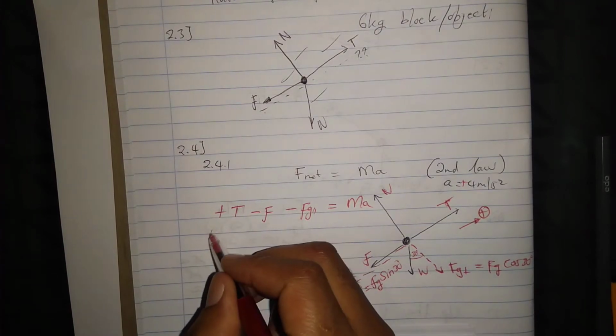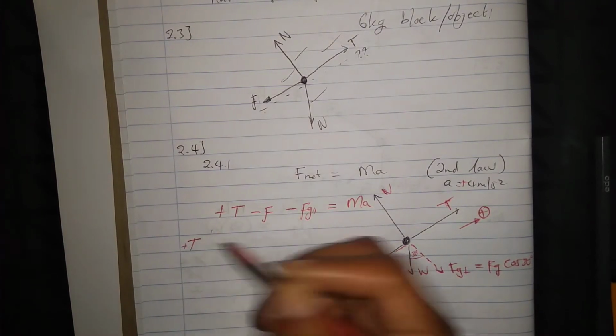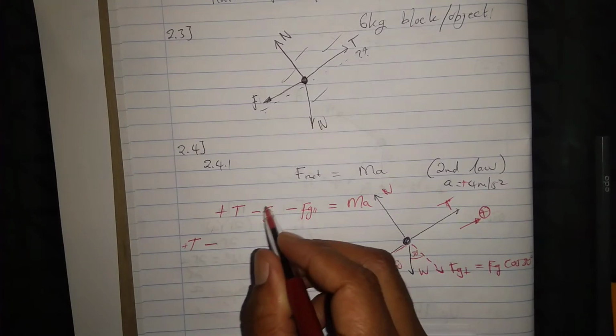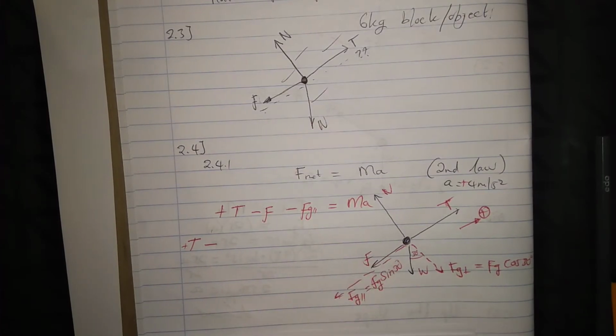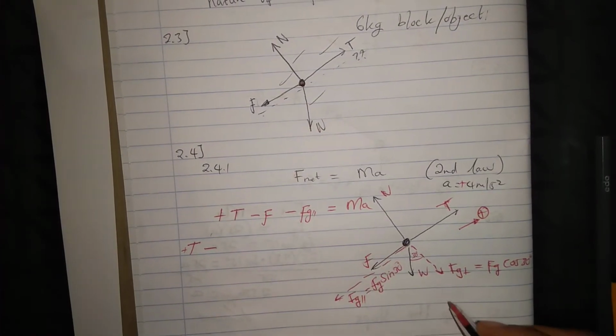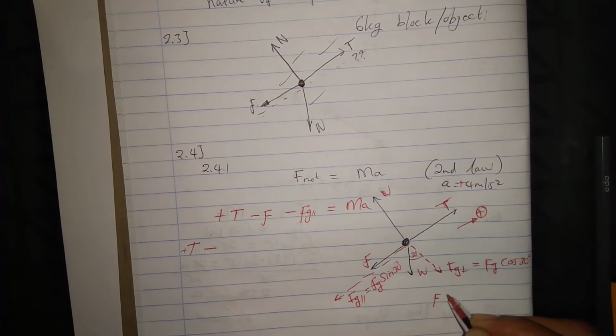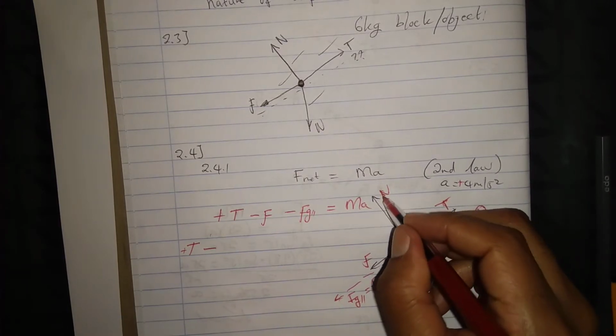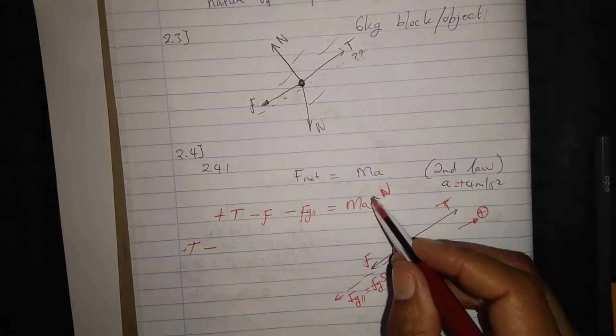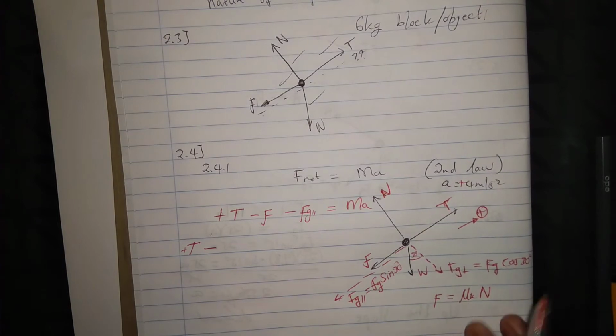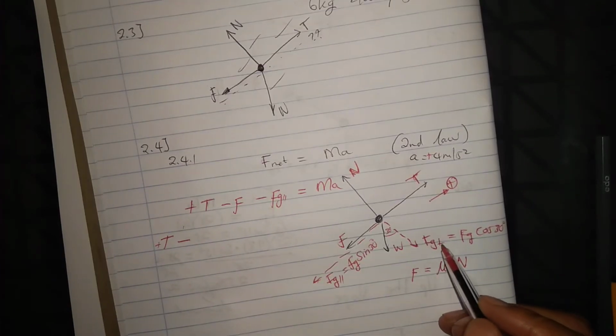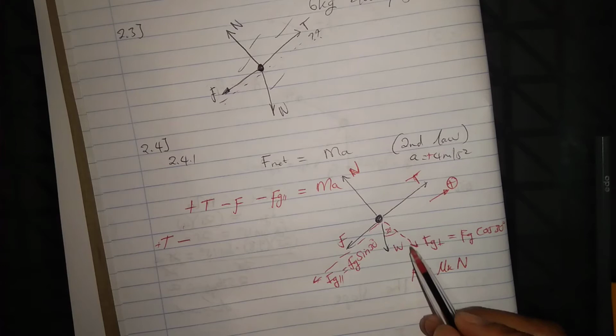Now, we calculate the tension, which I don't have. The frictional force I can calculate. The frictional force is always equal to mu k times the normal force. The normal force is equal to Fg perpendicular, the perpendicular component of the weight.